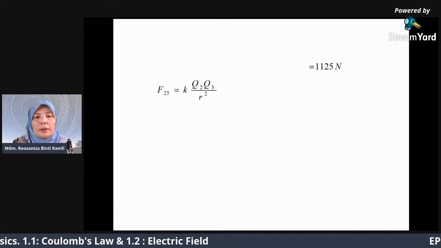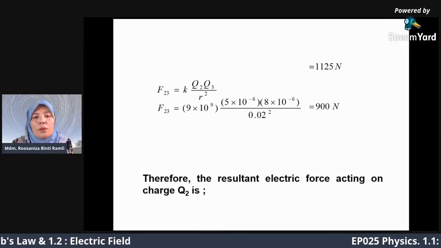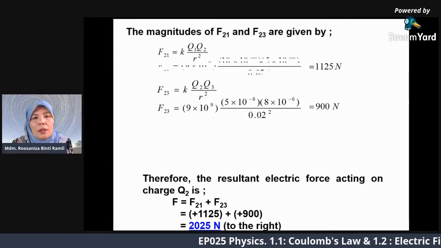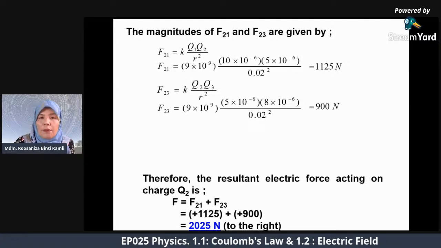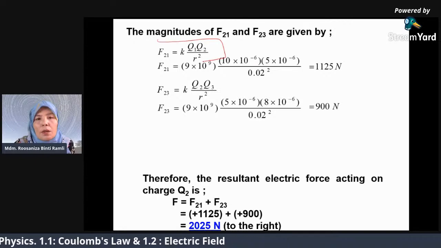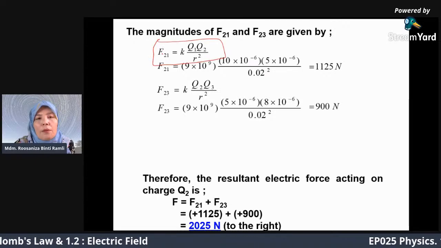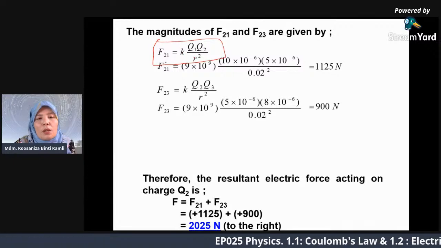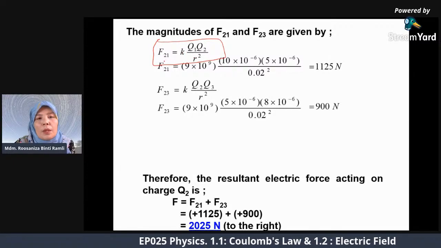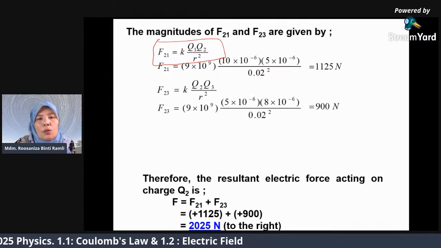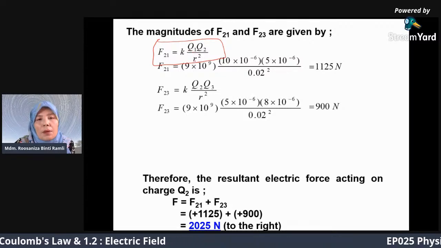Then you have to write down the equation. The equation is F equals, this one is the general equation for Coulomb's law. F is equal to kQ1Q2 over r squared. So you have to put in the parameters for Q1 and Q2 and the value of r.